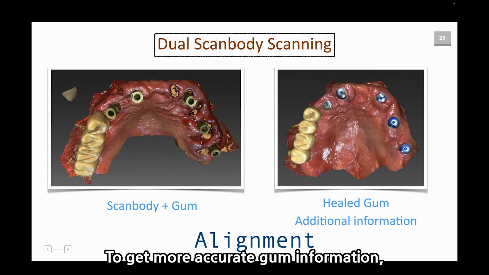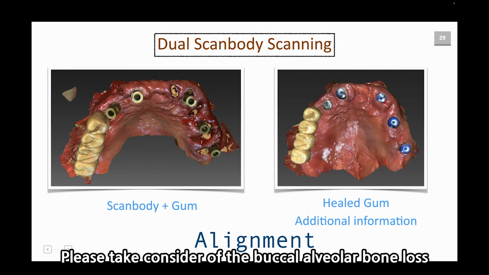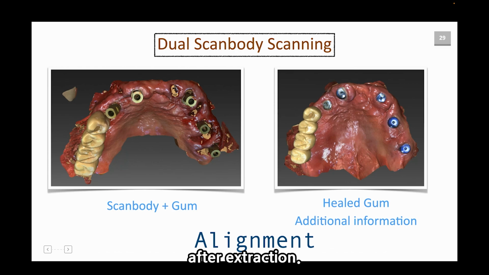To get more accurate gum information, we should scan 2 or 3 days after surgery. It is crucial to set the gingival line subgingivally. Please take into consideration the buccal alveolar bone loss occurring in immediate implant placement after extraction.